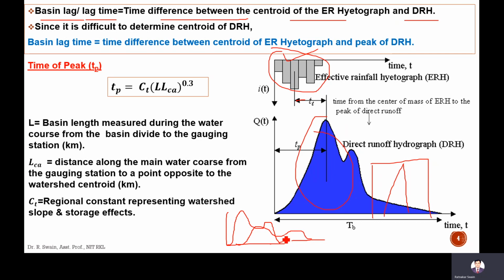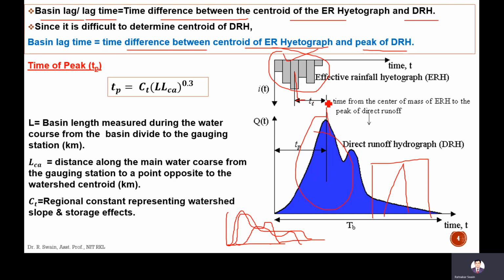So the centroid of this type of hydrograph is difficult to determine. Usually, the basin lag is assumed to be the time difference between the centroid of the ER hydrograph and the peak of the DRH.